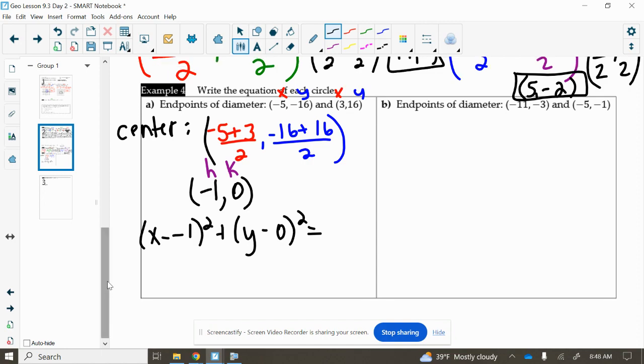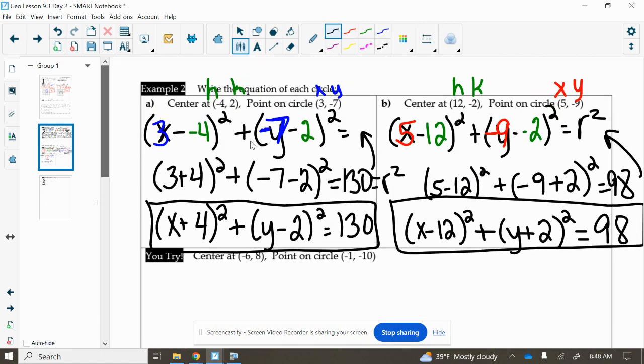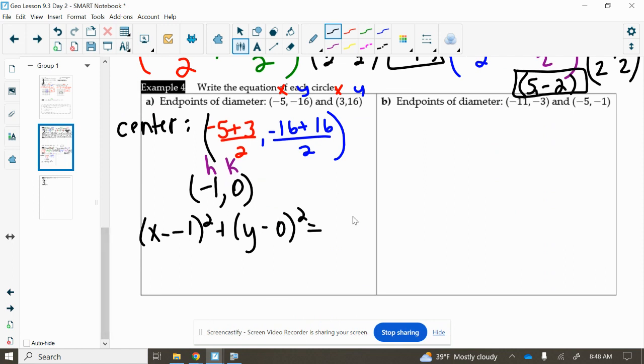So very similar to what we were doing up above here, we need to plug in an x and a y to help us find that r squared since we weren't given one. Now you have two options here. You can either use -5, -16, or you can use 3, 16 as your x and y. You have 2 points on the circle, so you could pick whatever one you like better. I'm going to choose 3 and 16.